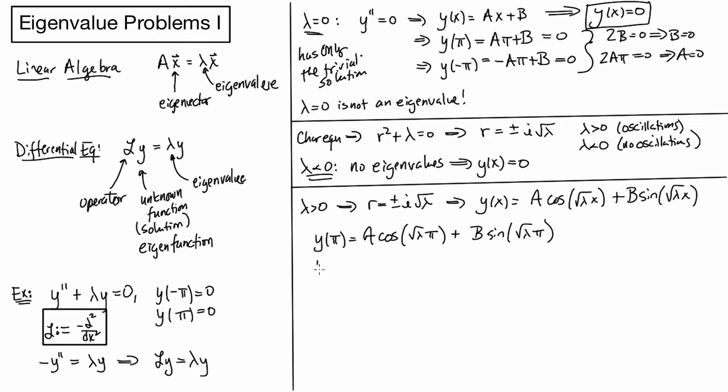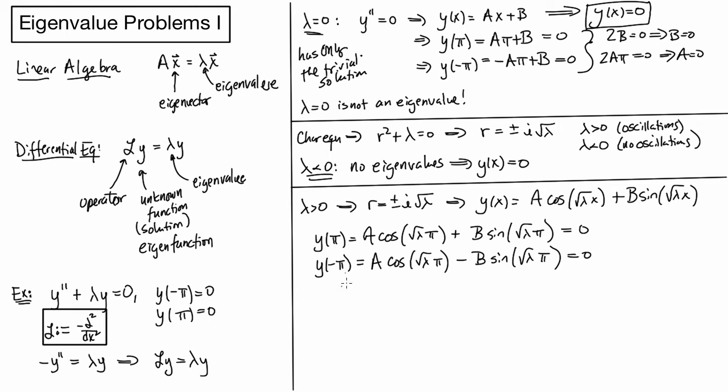And using the fact that cosine is an even function, for negative pi it's just the same. But for negative pi and sine, since it's odd, it's going to spit out the negative. And so this is what we'll have in the case where we're looking at y of negative pi. Now both of these are equal to 0.